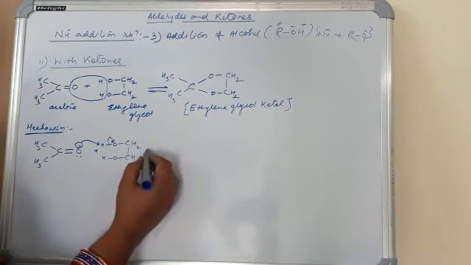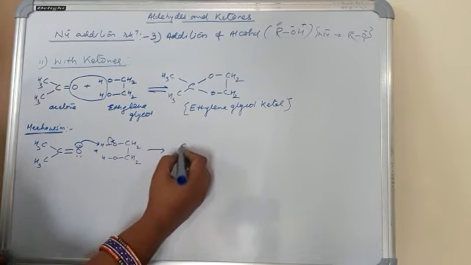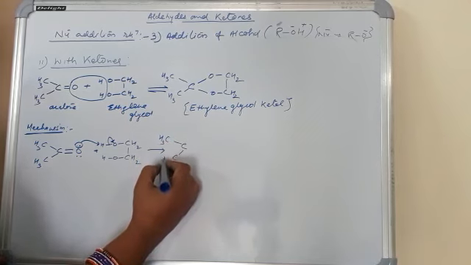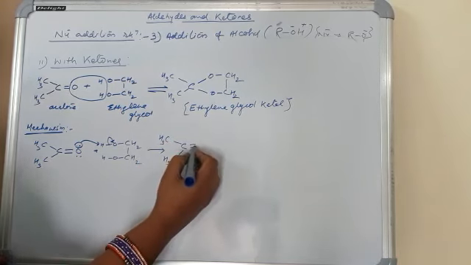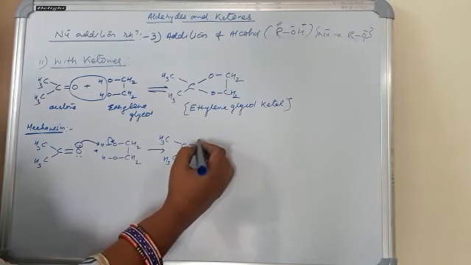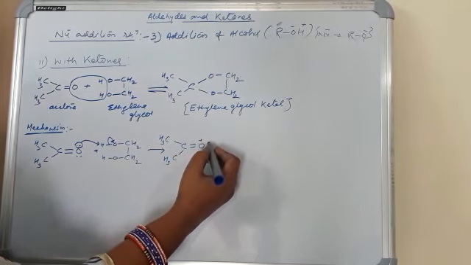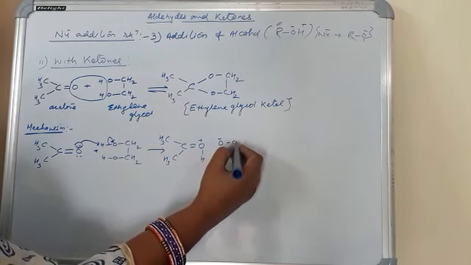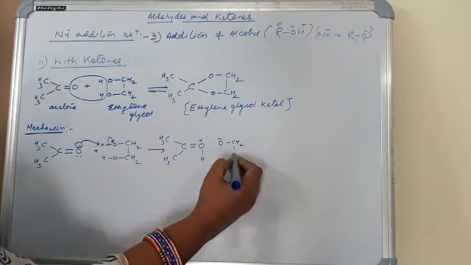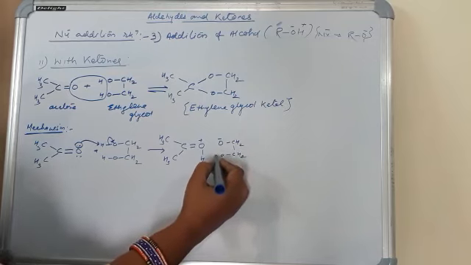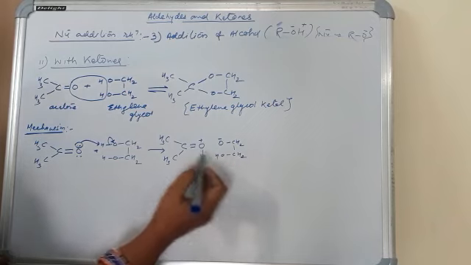In that condition, what happens? Double bond, oxygen attached with hydrogen and positive charge appears on the oxygen, and here negative charge appears on the ethylene glycol oxygen.